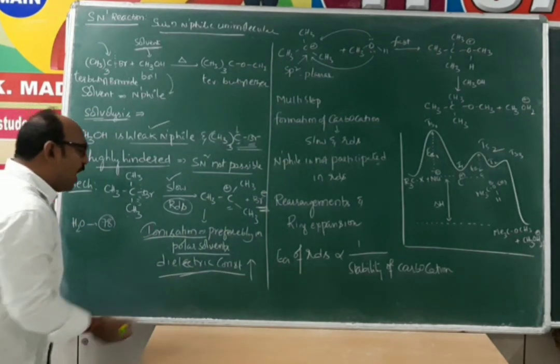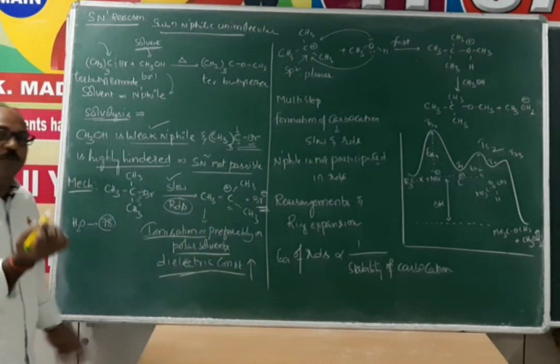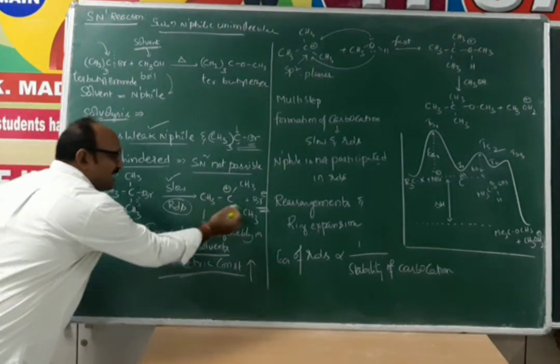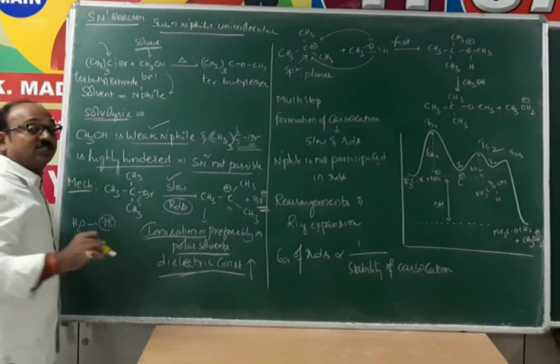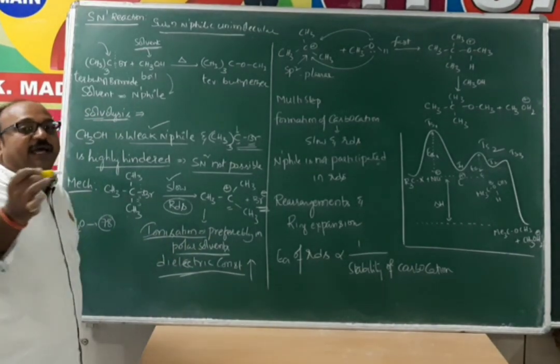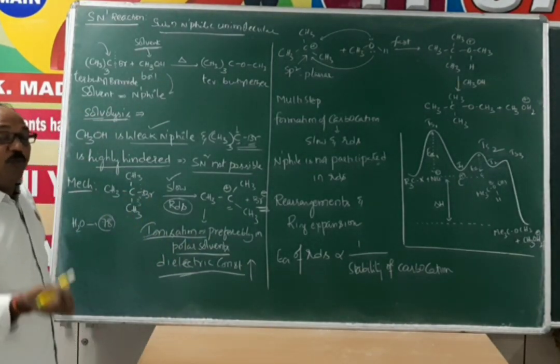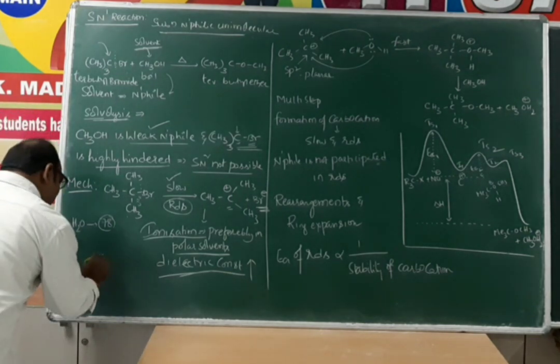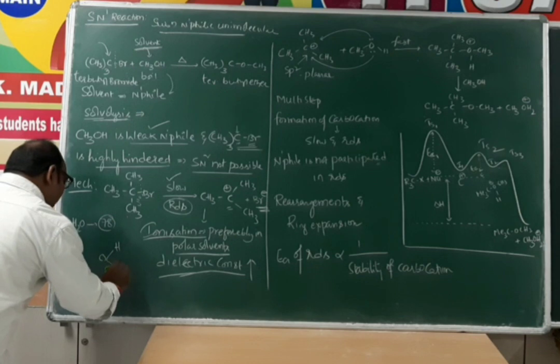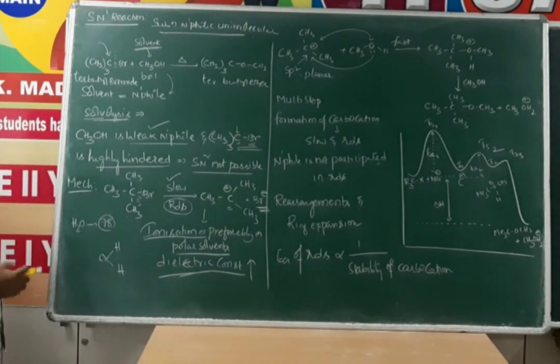Okay, fine sir. How do polar solvents stabilize these ions? Yes, polar solvents can solvate both cation and anion. I will show that a little later. Both cation and anion are getting solvated. In the previous class we already learned that in a water molecule, this hydrogen gets a partial positive charge and this oxygen gets a partial negative charge.